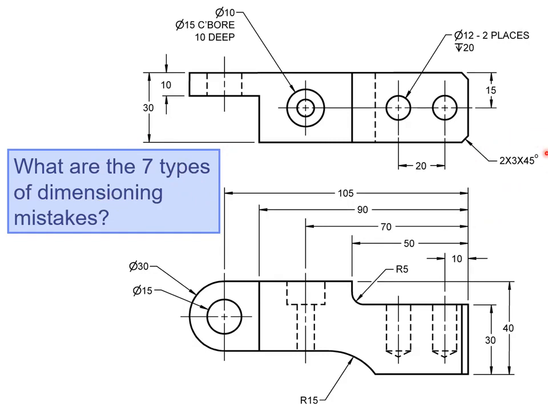Another mistake is we're missing spaces here. The 2x with no space tells us that there are 2 chamfers. Then we should have space 3 space x space 45 degrees. That tells us it's 3 by 45.